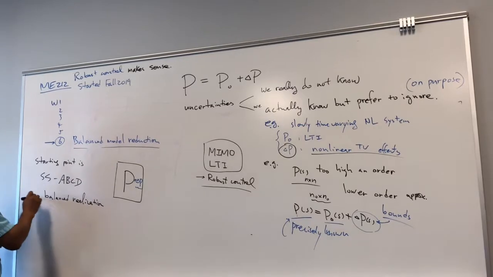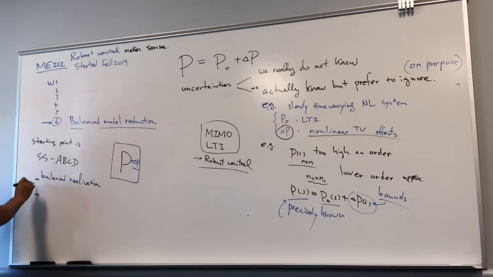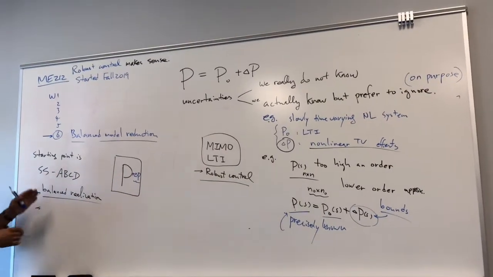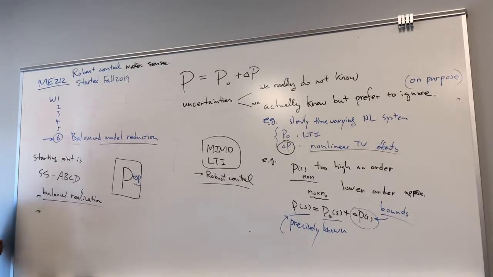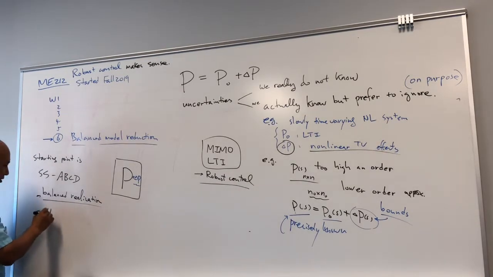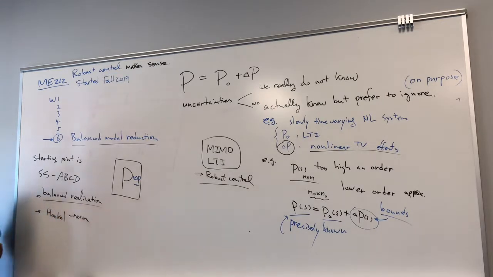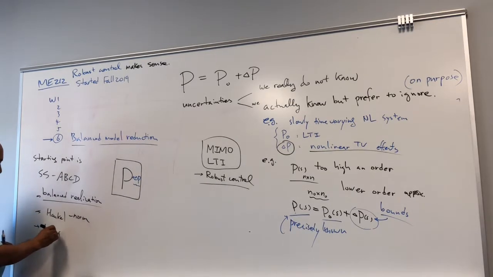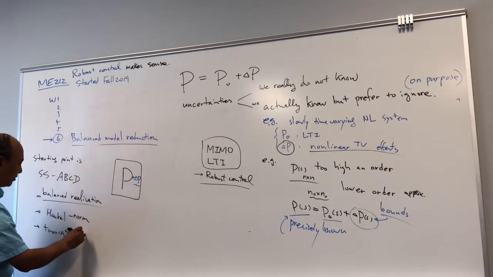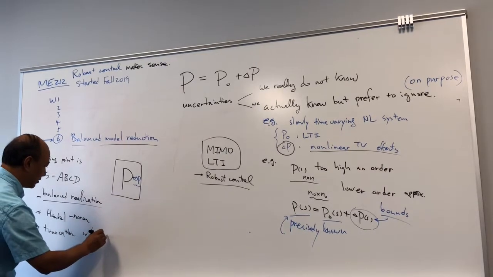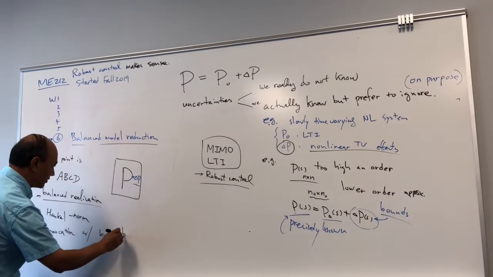After that, we need to introduce the balanced realization concept. Then we talk about the Hankel norm. And then we talk about truncation with known bounds.